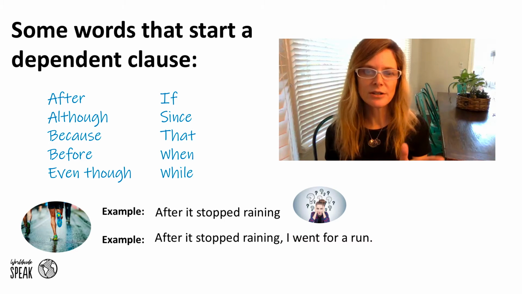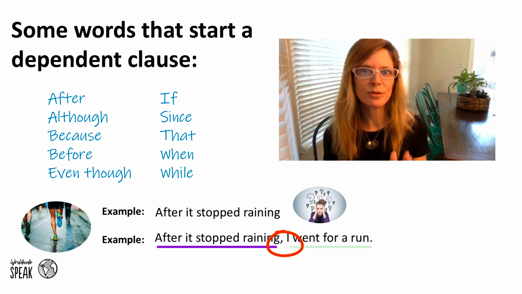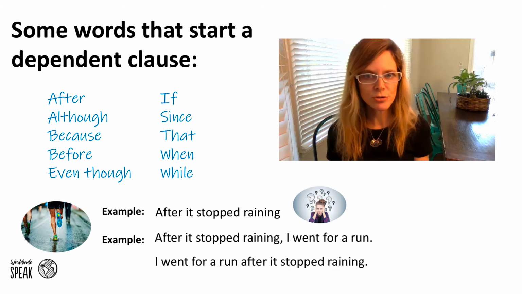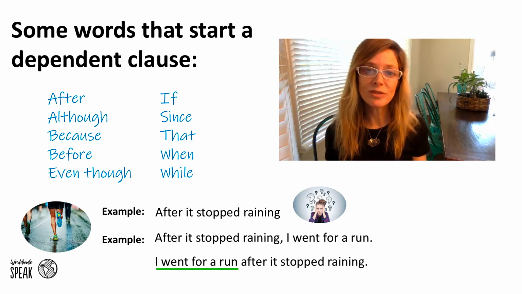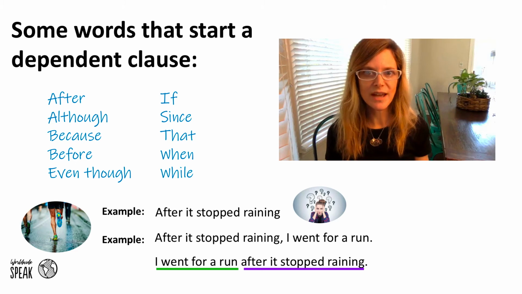If we start the complex sentence with a dependent clause, we must use a comma before the independent clause. If we choose to start the sentence with the independent clause, I went for a run after it stopped raining, and the dependent clause comes next, we don't need a comma in the middle of a sentence.